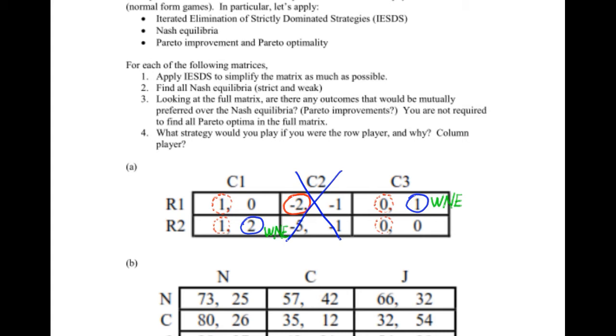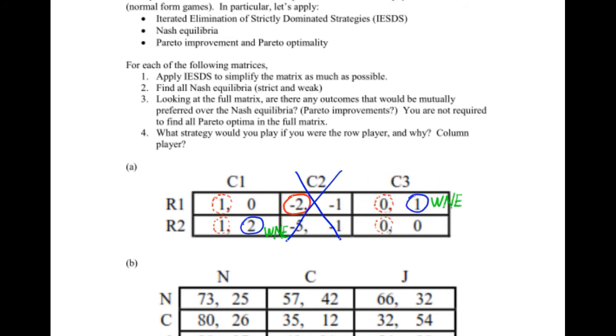Now looking at these, I'll just quickly look for the Pareto optima, and remember, these are the points where there's no possibility to find a Pareto improvement, where one or both players would do better and no player would do worse. So if I look at each of these and compare them, each of the remaining boxes and compare them to the other, I see that this could be improved on by going to here. 1, 2, if I compare it to the others, there's no way to improve upon that.